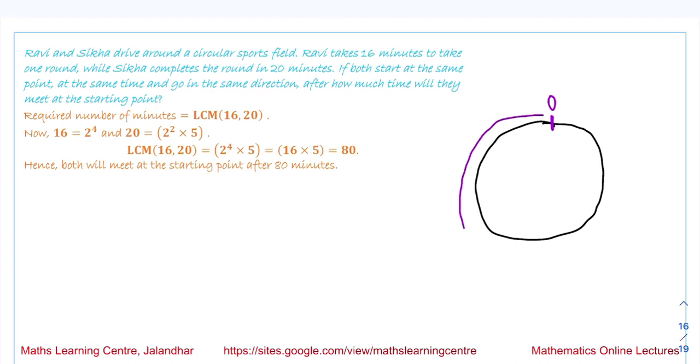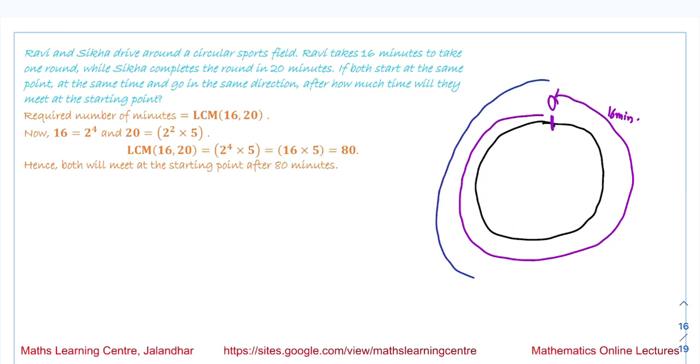This is Ravi, and after 16 minutes he has reached the same point, while Shikha completes the round in 20 minutes. Both of them are moving on the same round.